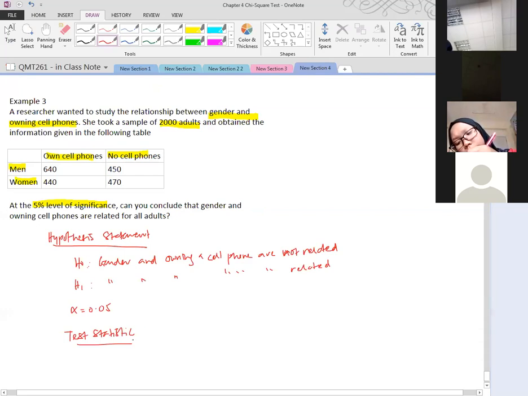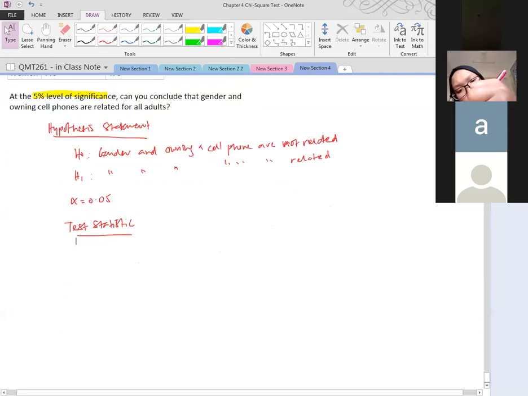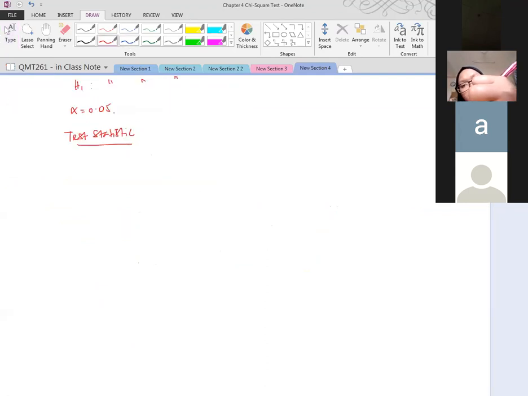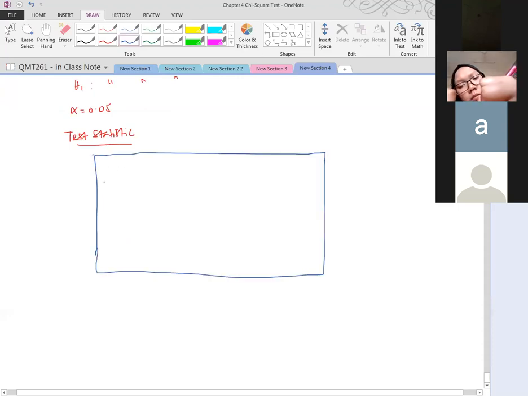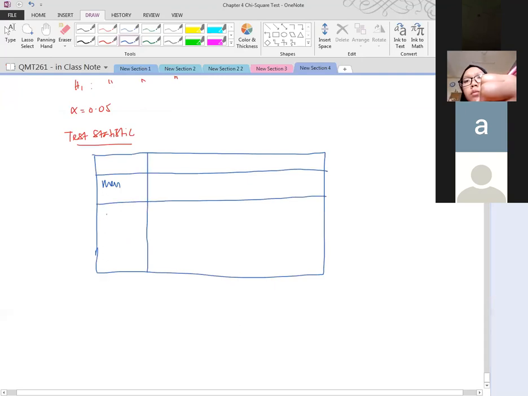So for our test statistic, we need to find the expected frequency. So we need to create another table. We have this is man and this is woman, and this is total.